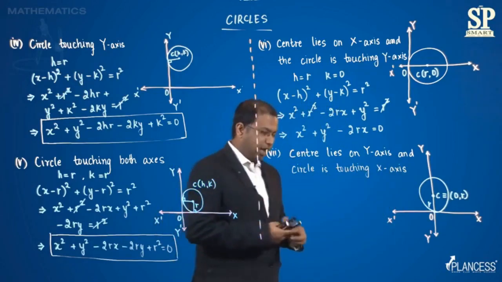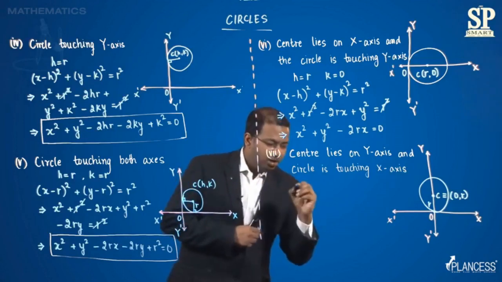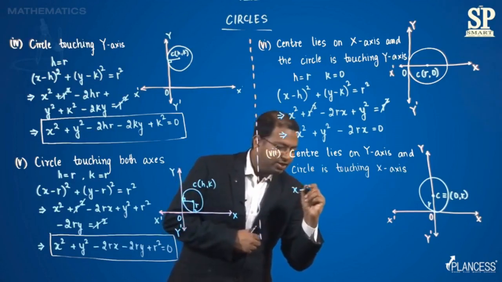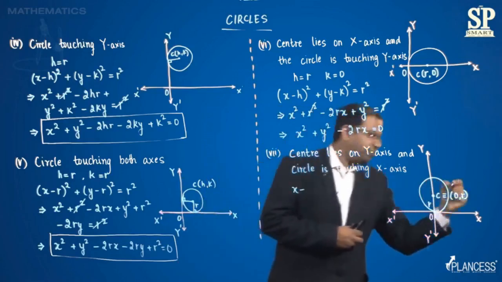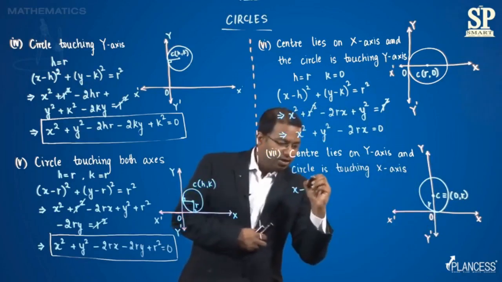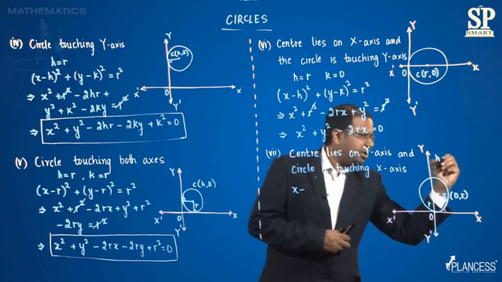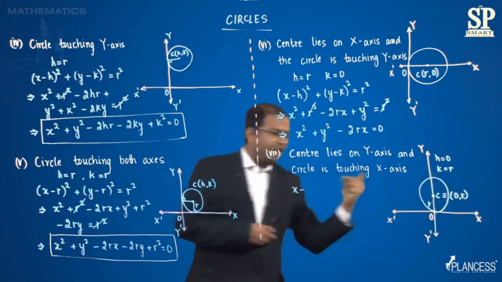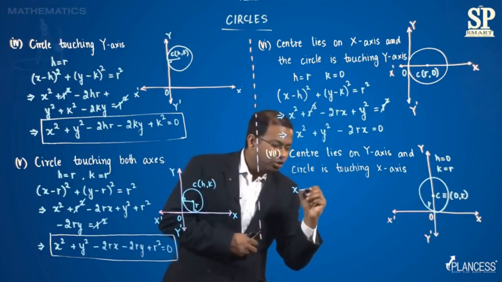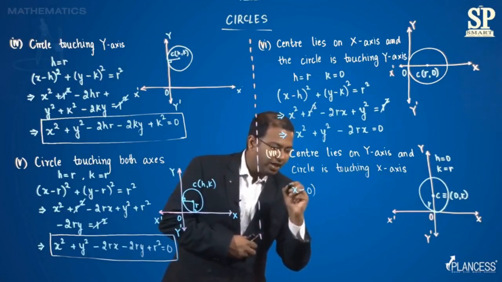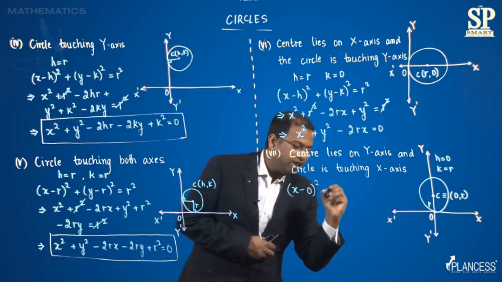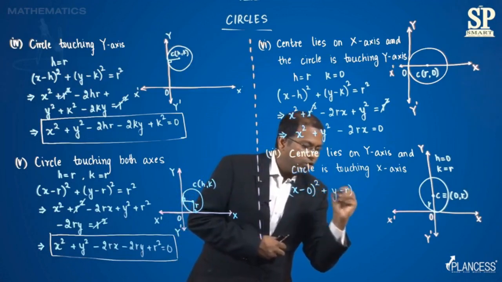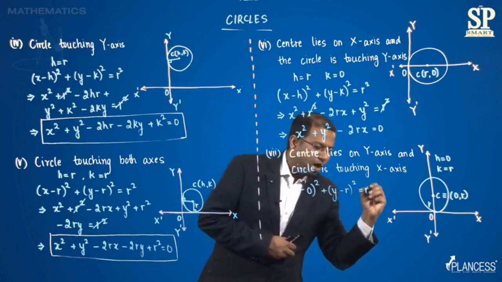So our equation becomes, let me straight away write, because from this we have h equal to 0, k equal to r, again r is nothing but the radius, so x minus h becomes x minus 0 whole square plus y minus r whole square equal to r square.